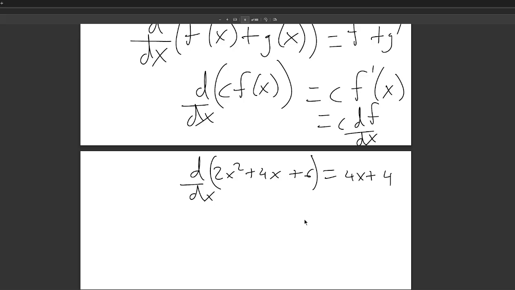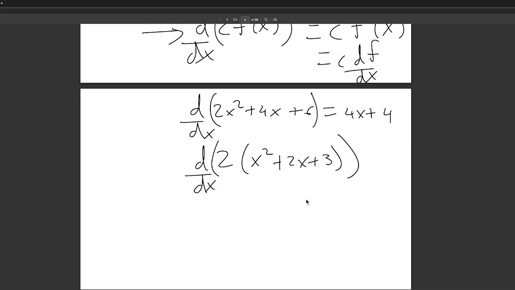And based on this rule that I just told you, if I pull out some constant, let's say 2 times x squared plus 2x plus 3, now I'm differentiating this.